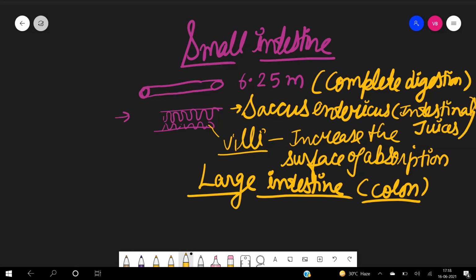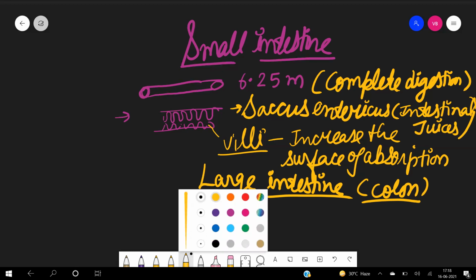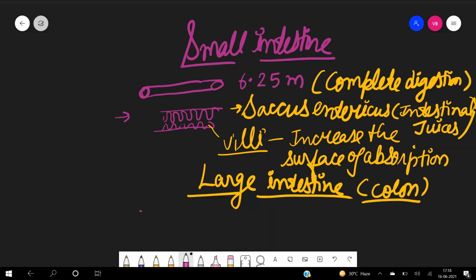So inside the large intestine, what is present? The undigested food. The undigested food will enter the large intestine, whose length is 1.5 meter.